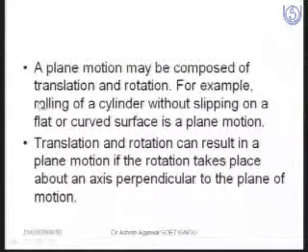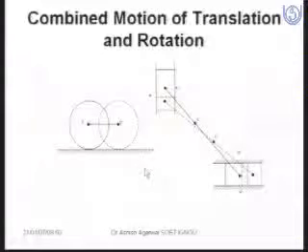If we take the example of a rolling cylinder without slipping, then it is basically rotation as well as translation. The translation and the rotation can result in a plane motion if the rotation takes place about the axis perpendicular to the plane of motion. Then we say that it is in the same plane, so both motions are taking place and both are plane motion.